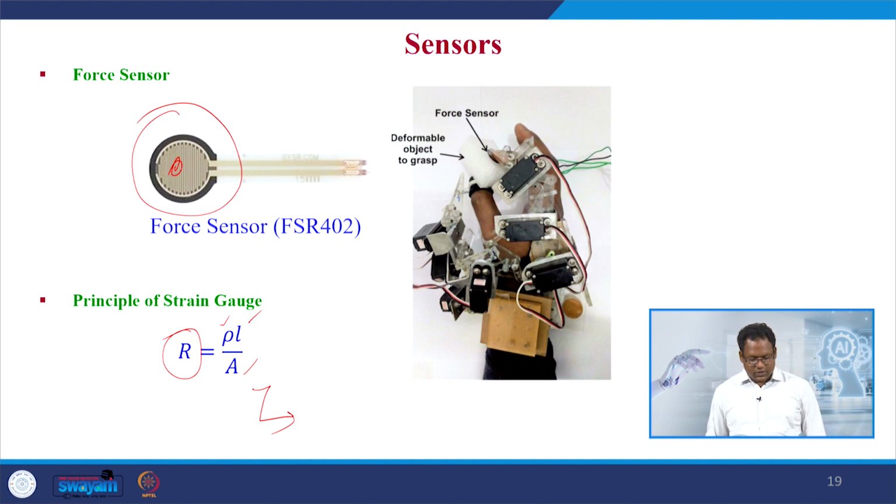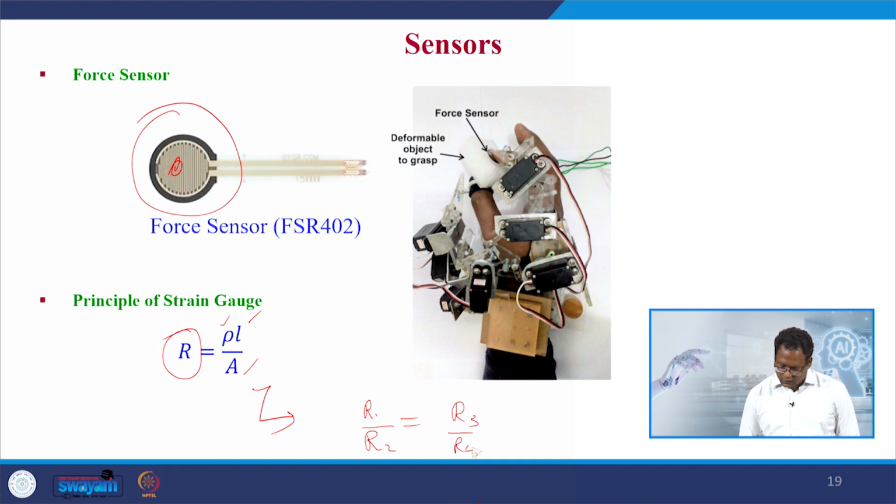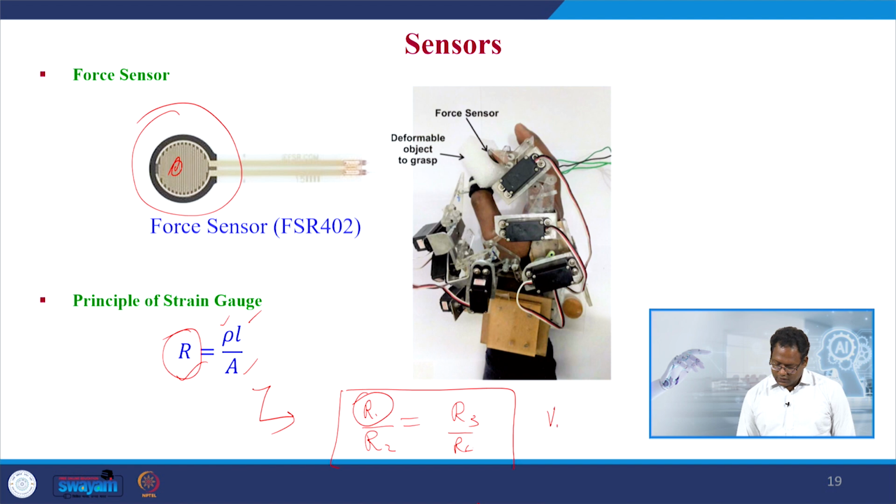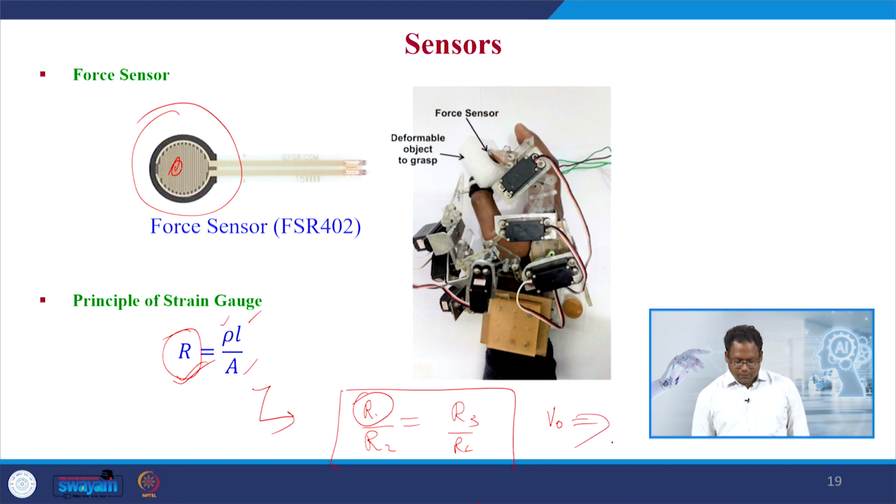Once the strain gauge has no change in resistance, the bridge is balanced, which gives the balance equation. Once R1, the strain gauge resistance, changes, the bridge is unbalanced, and accordingly the output voltage V naught is proportional to the change in resistance of the strain gauge. This value is proportional to the applied force. That is the principle of the force sensor in the robotic system.